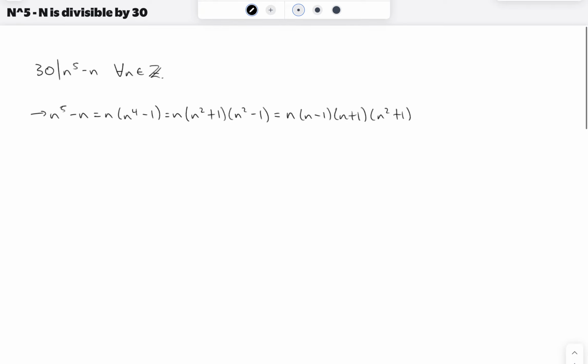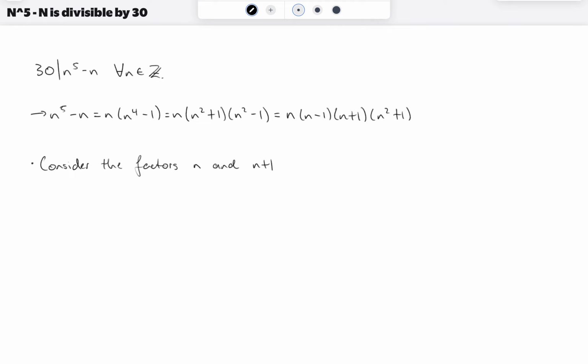Okay, so the way we're going to do this is by showing divisibility by other factors smaller than 30, and then using a result to show that the whole expression is divisible by 30. So let's first consider the factors n and n plus 1, right?